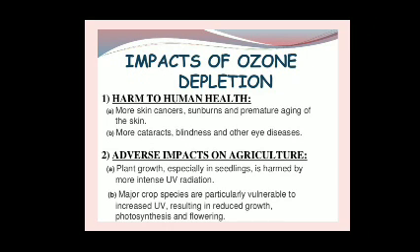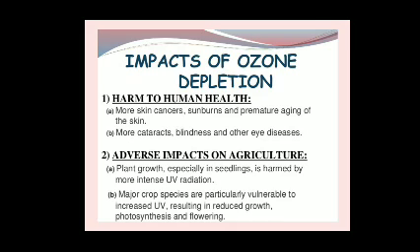Impact on agriculture. The first one is that plant growth, especially in seedlings, is hammered by more intense UV radiation. The second one is that major crop species are particularly vulnerable to increased UV, resulting in reduced growth, photosynthesis, and flowering.